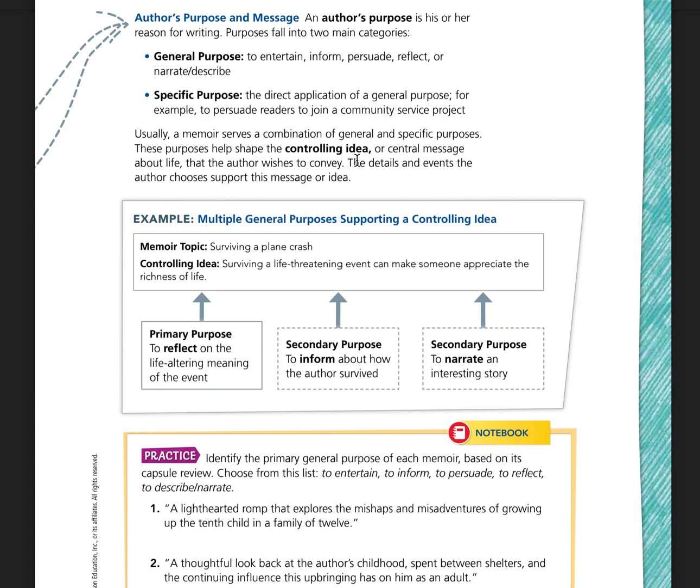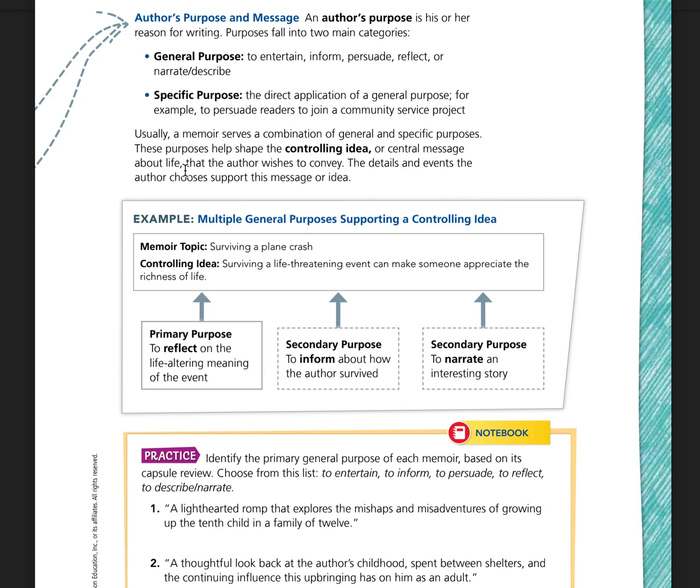So usually a memoir serves a combination of general and specific purposes, and these purposes help shape the controlling idea. We have called this a thesis statement in the past. And this is the central message about life, right? Every piece of writing that we read has some kind of message about life. It's just what we call that message changes depending on the genre. So for fiction, it's theme. But for nonfiction writing, it's called a controlling idea or a thesis statement.